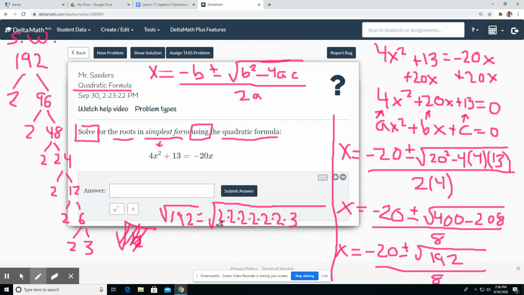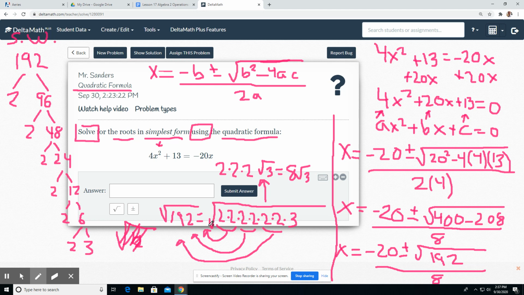Now my trick is when you have a pair of these, you can pull out one. I have a pair of 2's, that comes out as a 2. Another pair of 2's comes out as a 2. Another pair of 2's comes out as a 2. Then I have my 3 left over under the radical. So this turns into 2 times 2 times 2 radical 3, which is 8 radical 3.